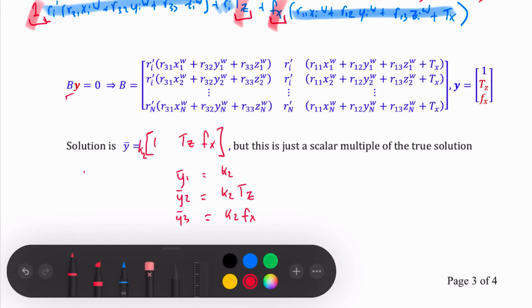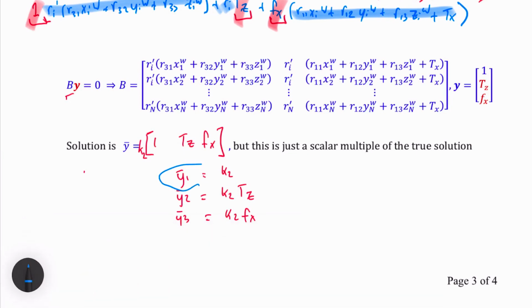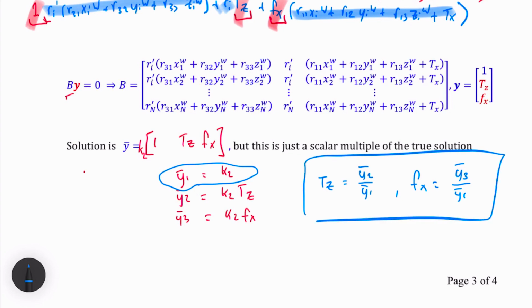So it's trivial then to solve for what our k2 value is. And then that means that tz is just going to equal y2 bar divided by y bar 1, and my fx is going to equal y3 bar divided by y bar 1. And so now we've got all the parameters.